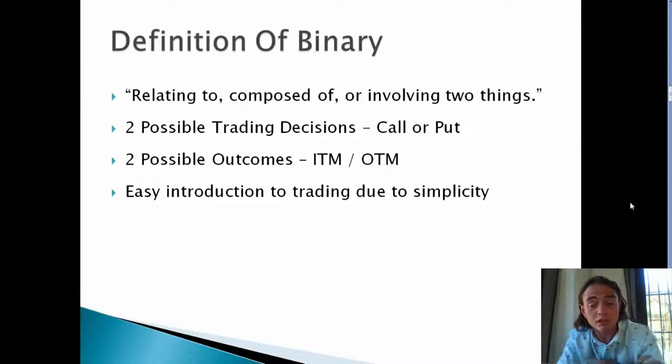When does it expire, and you have a certain amount of control over that expiry time. So very easy to get started due to its simplicity, and subsequently very popular. And also you can make good money fast because of the high returns. The high percentage return in a very short space of time does also mean you can lose very fast as well.